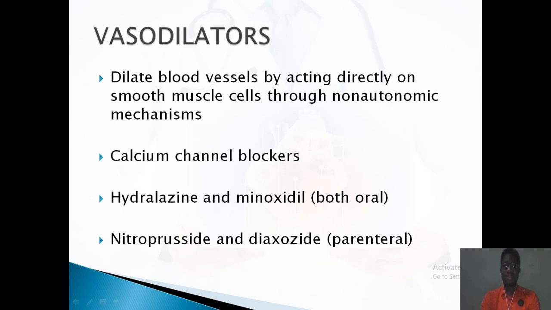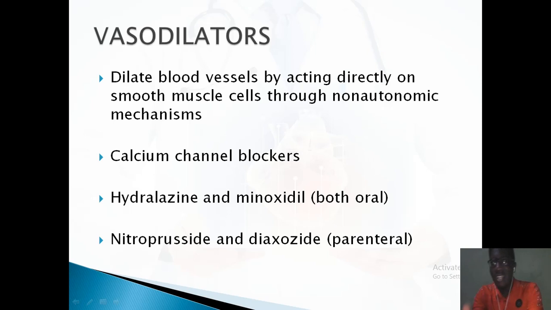Actually, sorry, I got it all mixed up. So just take it the way it is here. They dilate blood vessels by acting directly on smooth muscle cells through non-autonomic mechanisms. So like I said earlier, they don't act on receptors. It means any of the actions are not related to the autonomic nervous system.